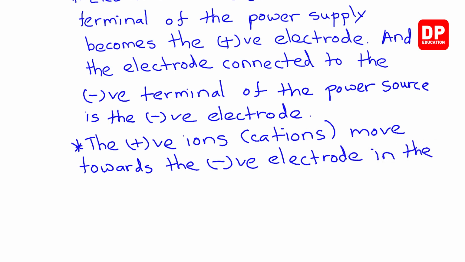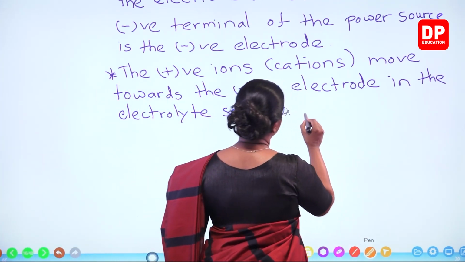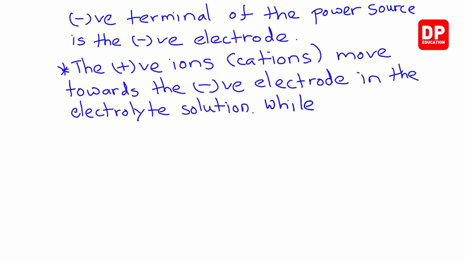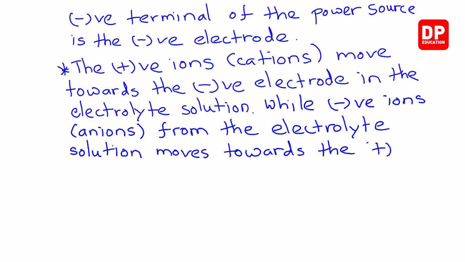While the negative ions, that is anions, from the electrolyte solution move towards the positive electrode.